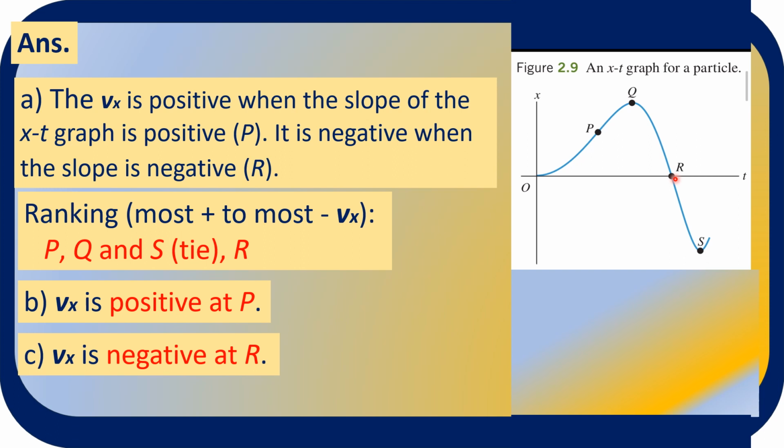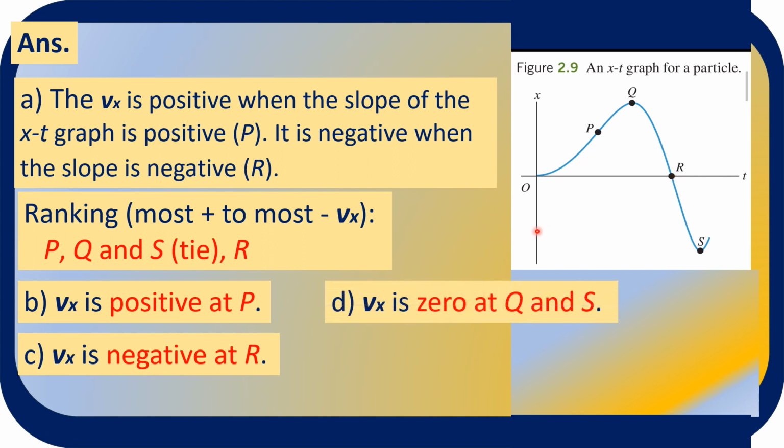And what about question letter D? Question letter D is asking for the points where the instantaneous velocity is equal to 0, and we already answered that earlier, which is at point Q as well as at point S. At those points, the instantaneous velocity is equal to 0.